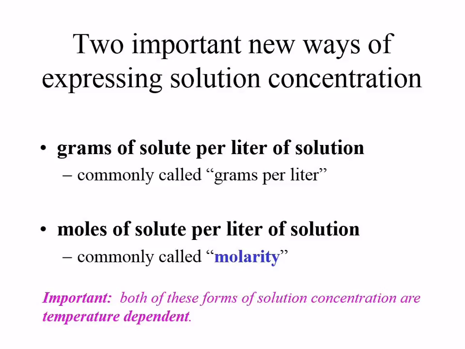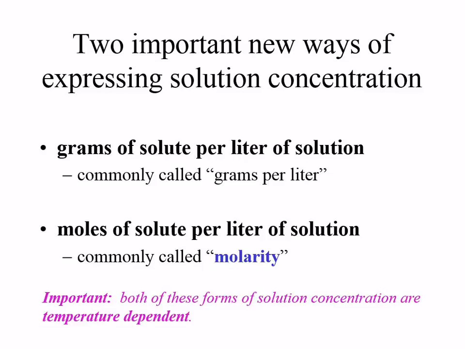So let's do a problem calculating those two. For both of these, notice that I have liter of solution in the denominator: grams of solute per liter solution, moles of solute per liter of solution. One of the things we talked about is that liters, or volume, is temperature dependent. Water behaves like other matter when it doesn't change phases: as liquid water heats up, it swells, and as it cools down, it contracts.